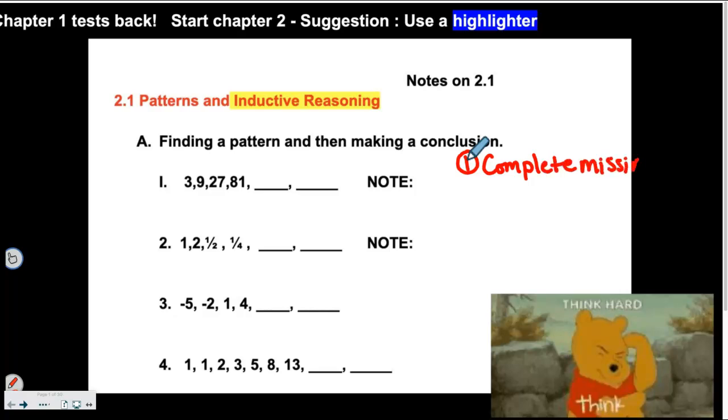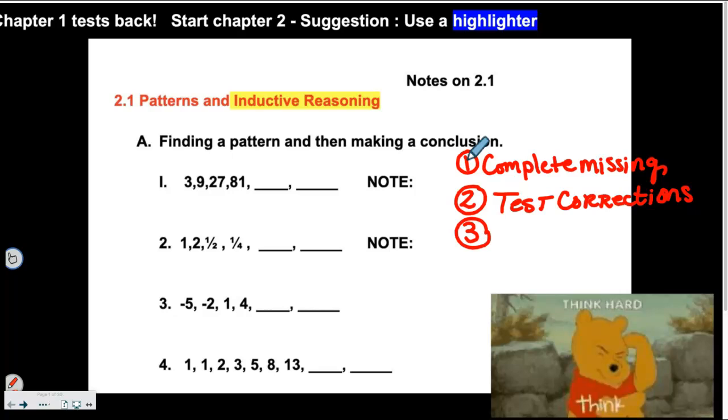Okay, so if you have missing in chapter 1 for 3 assignments, those need to get done satisfactorily first. Then you have to schedule a time to come in and make test corrections on your original test. You need to do that with me, either in an out time or before or after school.